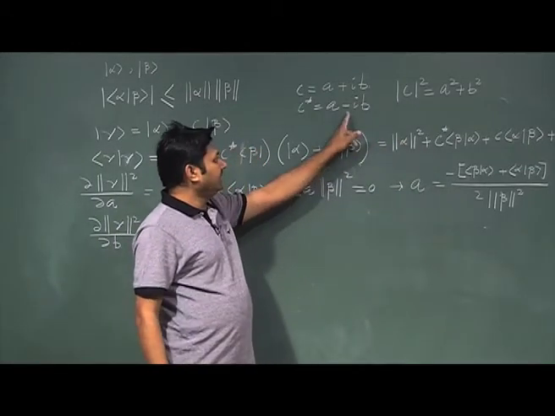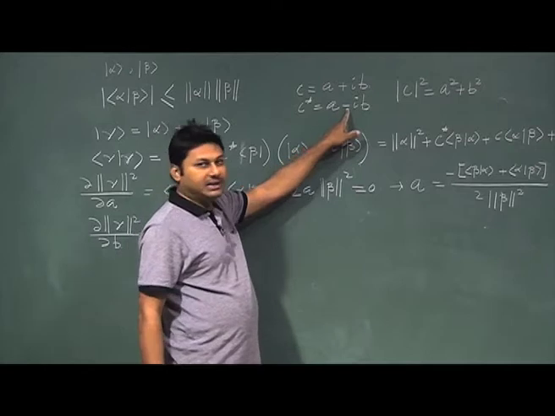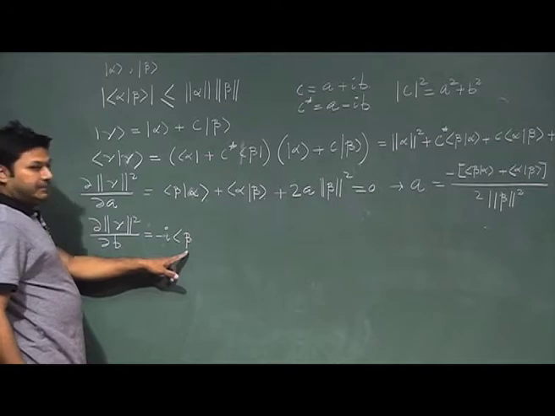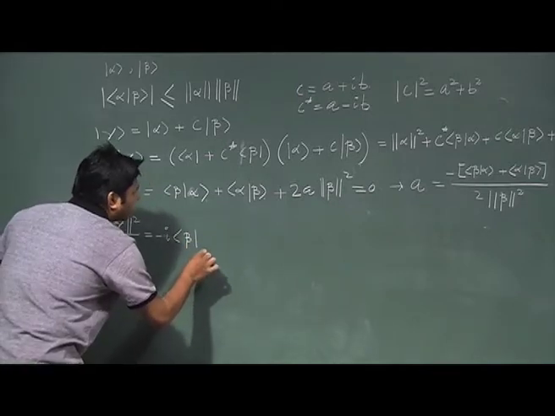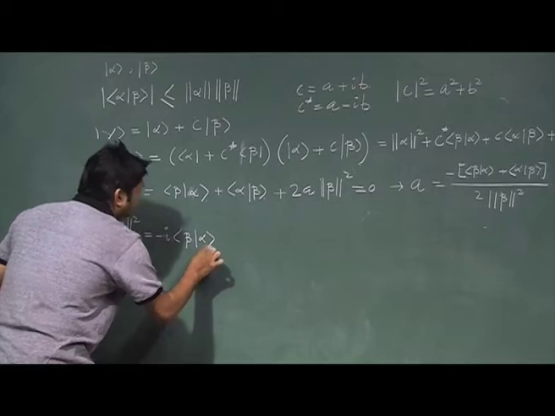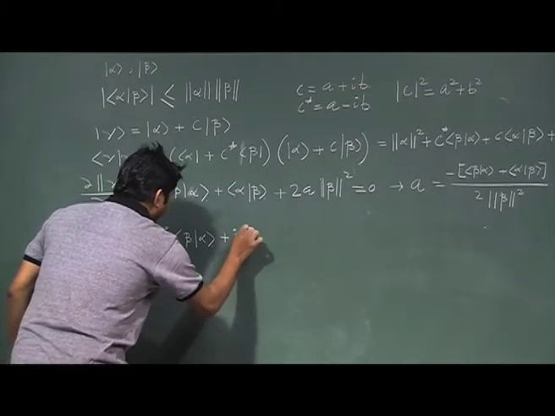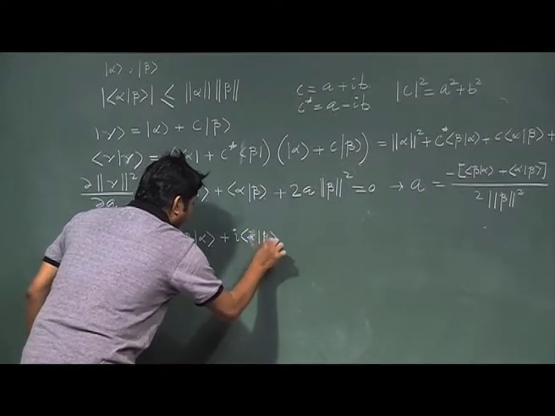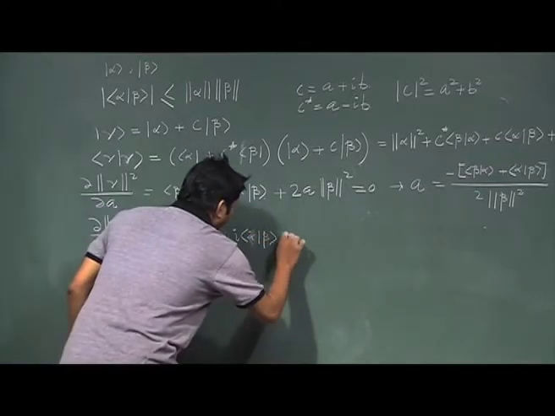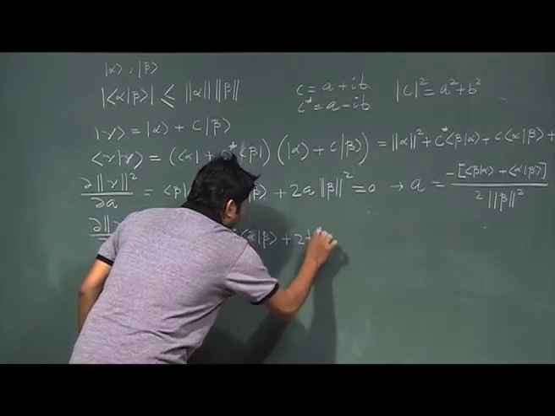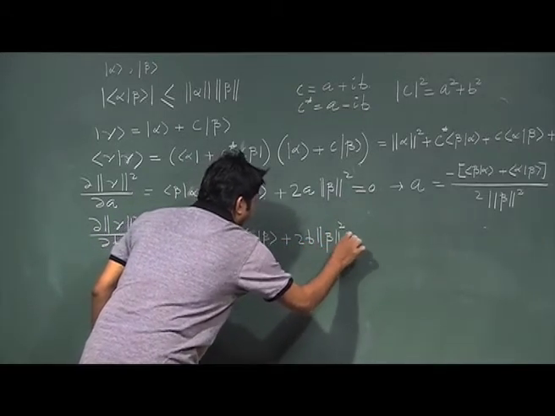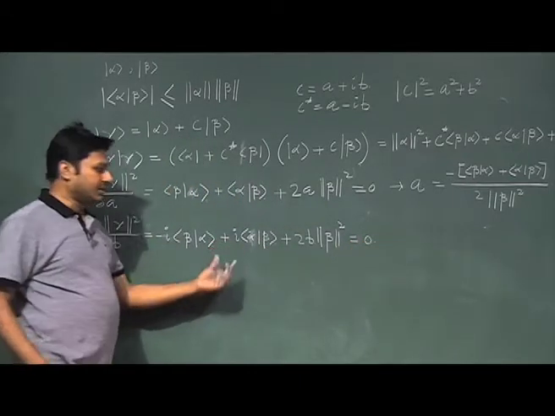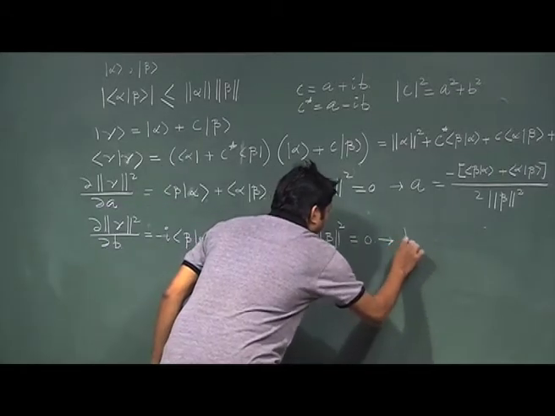C star is a minus ib, so minus ib beta alpha plus i alpha beta, the ordering is important here, plus 2b norm beta square, a similar kind of expression with one i here. This gives me the value of b.